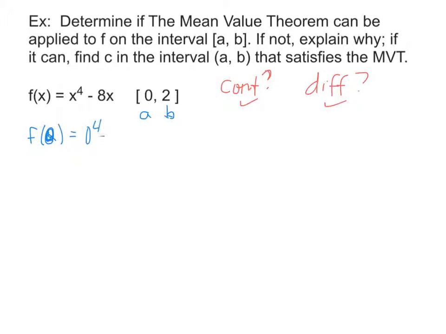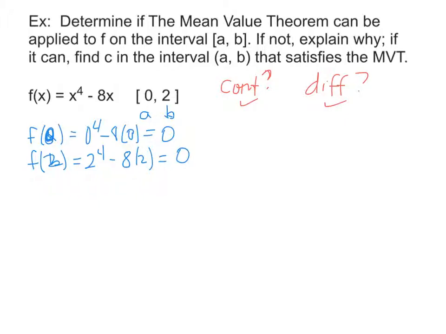This is going to be 0 to the fourth minus 8 times 0, which is 0. f of B, or in this case 2, is 2 to the fourth minus 8 times 2. Well, 2 to the fourth is 16, 8 times 2 is 16, that's also 0. So, looks to me like these are zeros of the function. That's going to cross the x-axis at both of these, at (0, 0) and (2, 0).